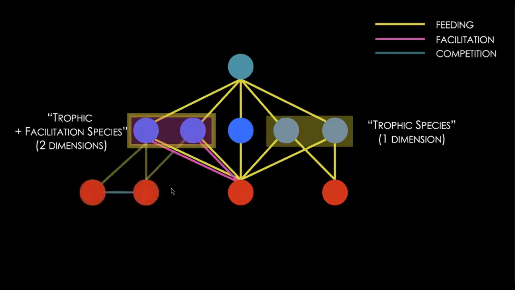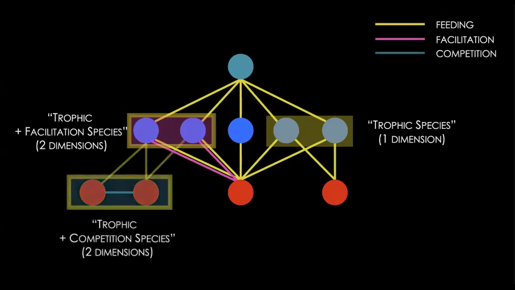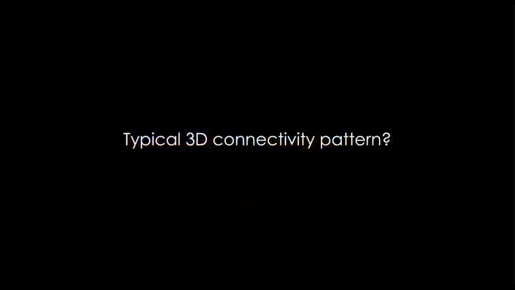If I add another interaction type, competition, for example, I can define another group of species that are similar in terms of feeding and competition. So that's the idea. We're trying to group species by their similarity in the way they interact in the 3 different layers of interaction, as well as the partners they interact with. So is there some kind of three-dimensional connectivity pattern that is typical in this network?